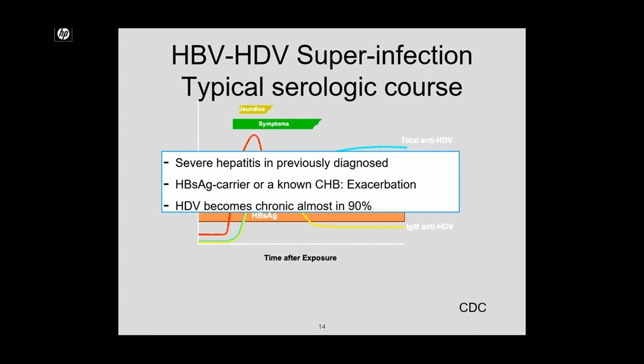So when you compare super-infection versus mono-infection, hepatitis D infected individuals, almost all of them are likely to have a chronic infection, which could progress to cirrhosis or cancer. In co-infected patients, changing into a chronic infection or a resolution may occur, but super-infection is the most severe form of hepatitis.